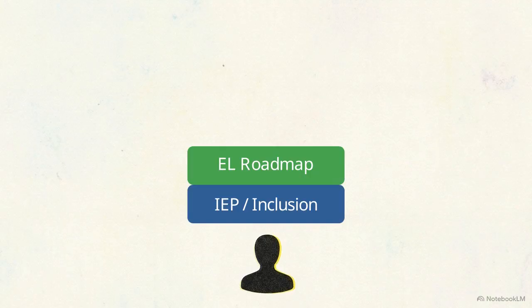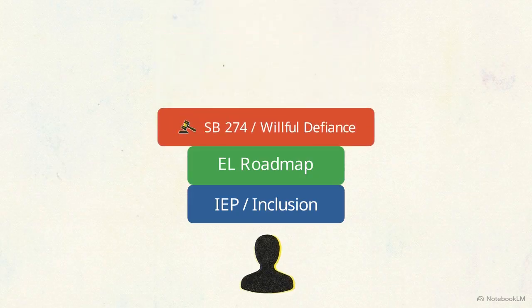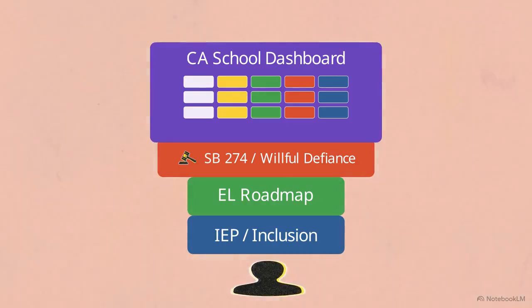Lawmakers also passed anti-exclusion discipline reforms, severely restricting suspensions for willful defiance. Finally, the accountability model shifted. Teachers are now monitored across a complex matrix of subgroup outcomes, chronic absenteeism, and climate indicators via the California School Dashboard.